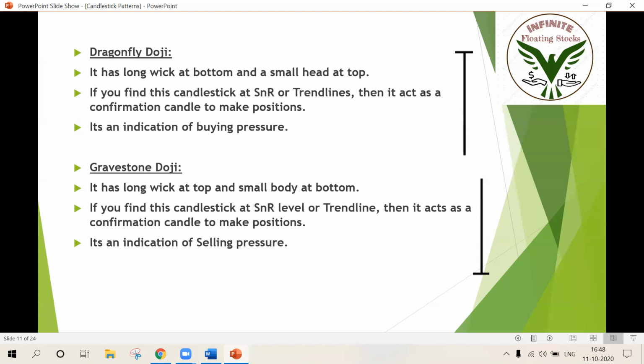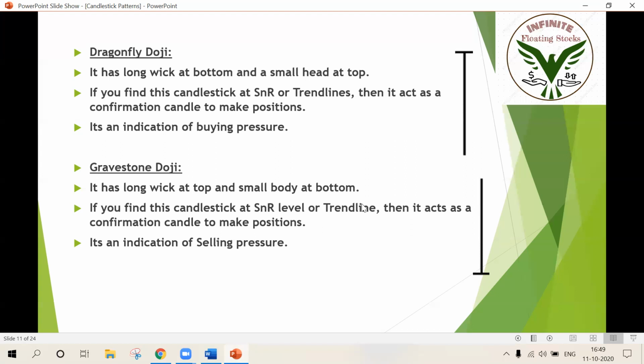We are pressing the earth and making a hole downward, right? Gravestone, graveyard. Here, the wick will be at the top and the body will be at the bottom, because it indicates selling pressure. So the body will be at the bottom without any color.